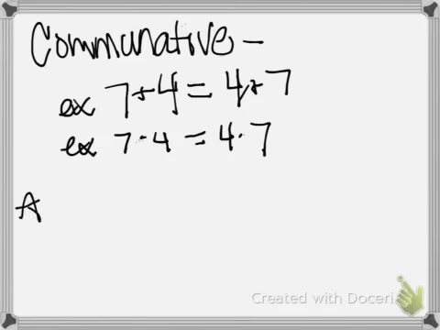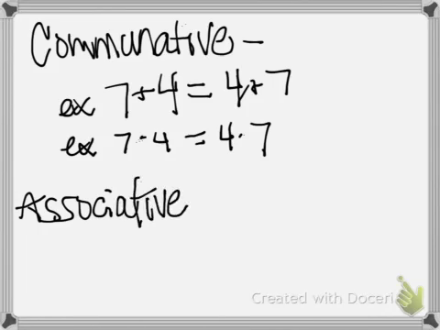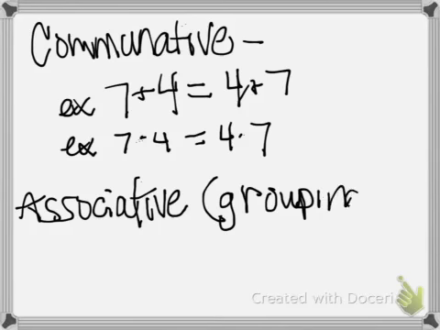Moving on to the associative property. This states that changing the grouping, so this one is regarding the grouping, you're always going to have the same product, or it doesn't change the product.